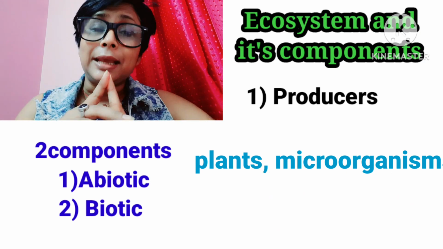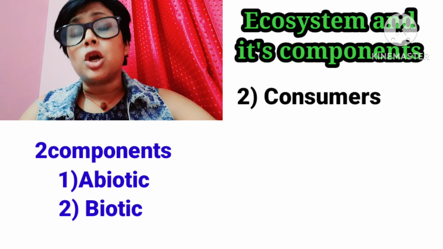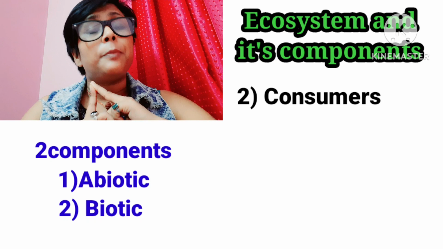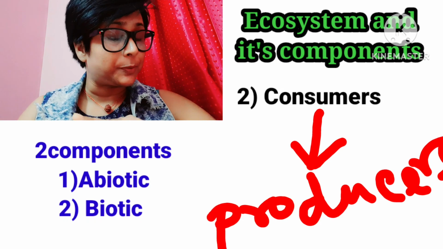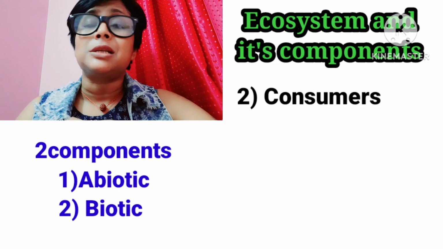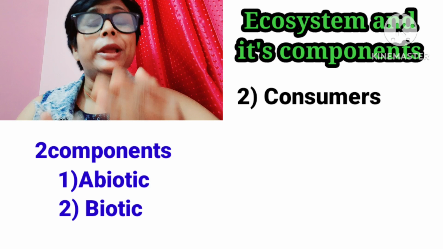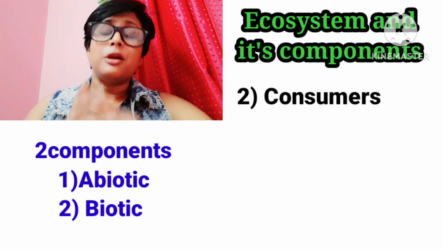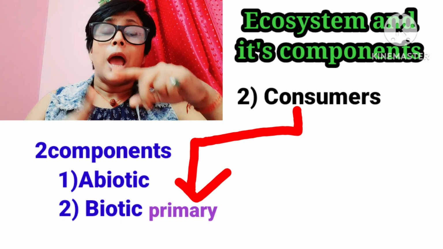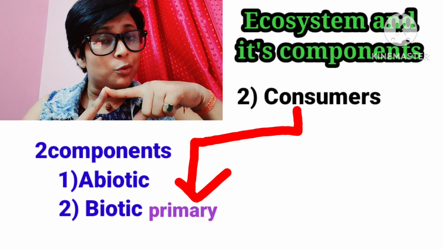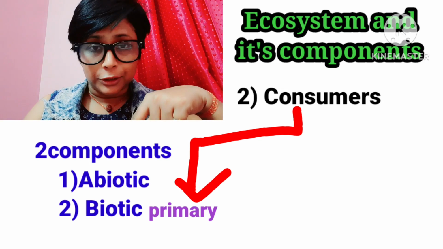And the second is the consumers. Consumers depend on the producers for their food and nutrition. And these consumers are also of different kinds according to their trophic level. First are the primary consumers, and the primary consumers take the producers as their food, right?